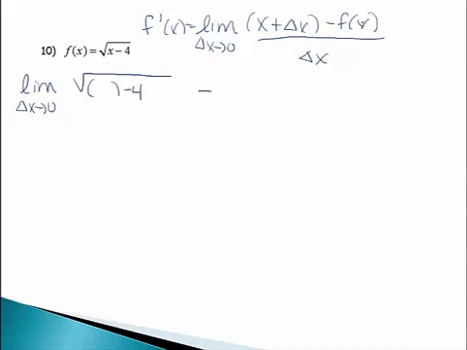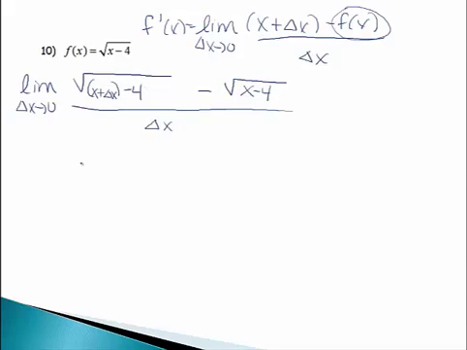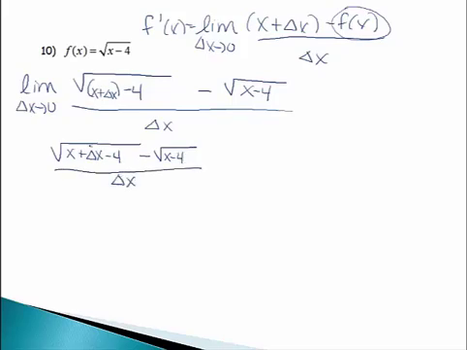And then I'm going to subtract the original function. Okay, so what do I put here in its spot? I put in the x plus delta x. All right, so here's my problem. I have the square root of x plus delta x minus 4 minus the square root of x minus 4, all over delta x. And I want to be able to plug a 0 wherever there's a delta x, which I can't because my denominator is 0. So I have to rationalize this.